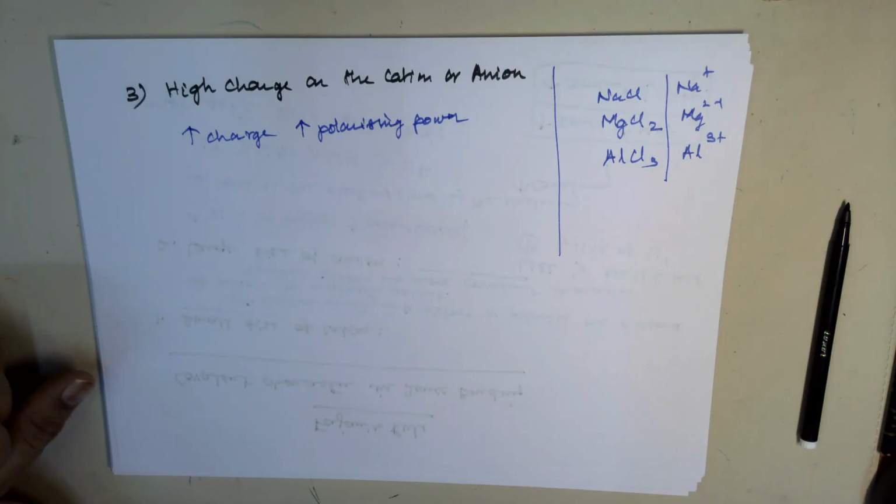Suppose the charge of the cation is more, what does it mean? Its attracting power will be more towards the electron cloud.